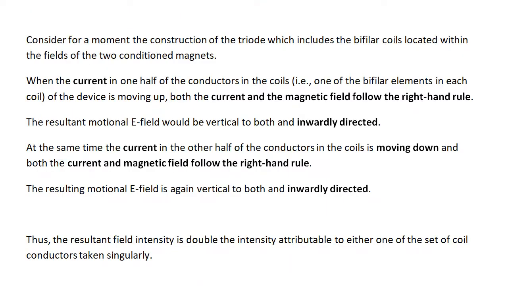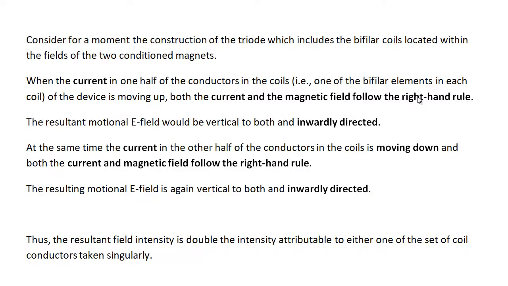This is a small snippet from the paper, and I've highlighted some points here. So this is the only part that really talks about the construction of the vacuum triode amplifier, and you can run through and read it, but basically I just want to point out there's certain key words here. So things like inwardly directed, things like current and magnetic field follow the right hand grip rule.